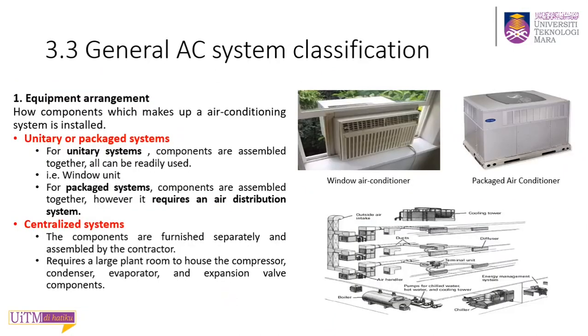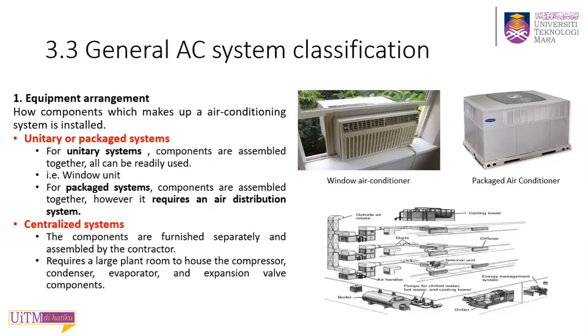For the third subtopic, we will look at the general air conditioning system classification, or in other words, the main groups for an air conditioning system. The first classification deals with how the components which make up an air conditioning system are arranged and installed.